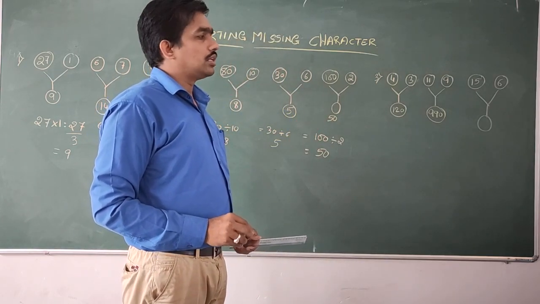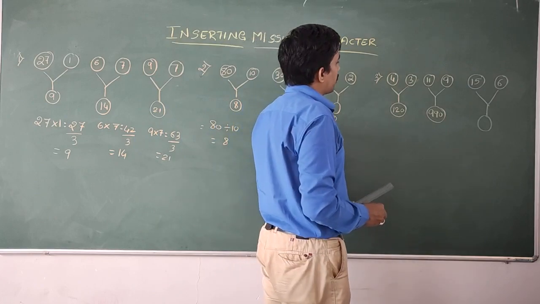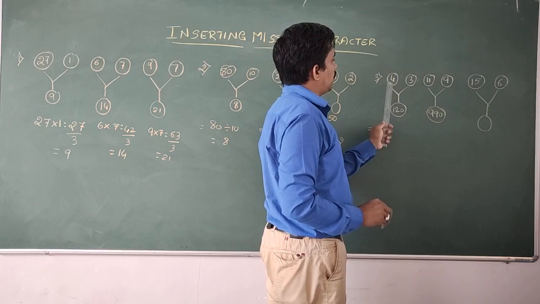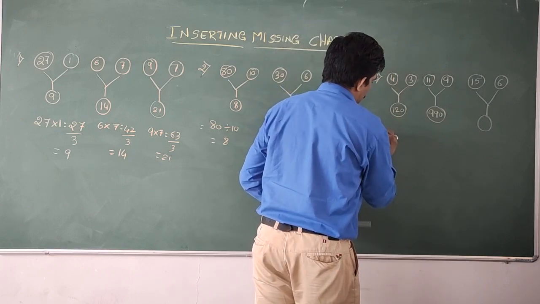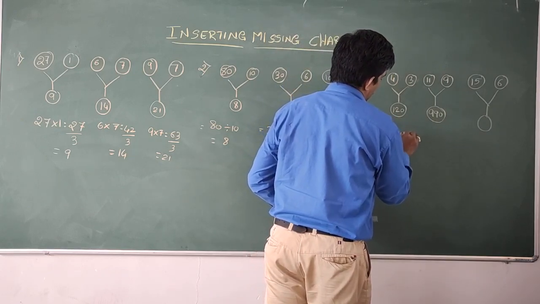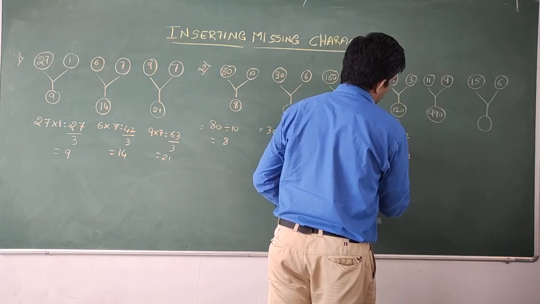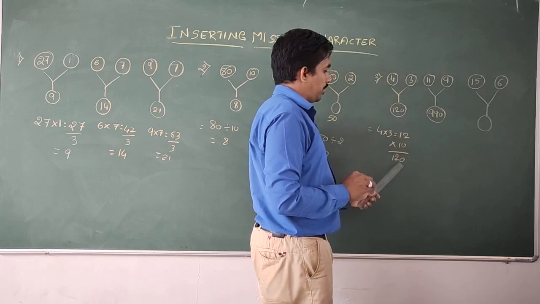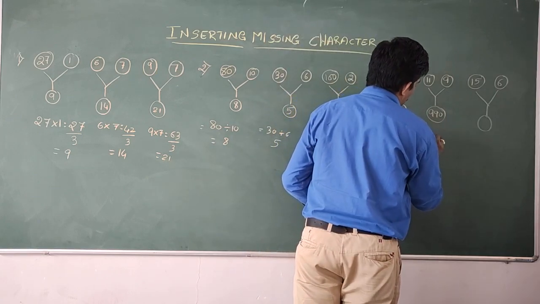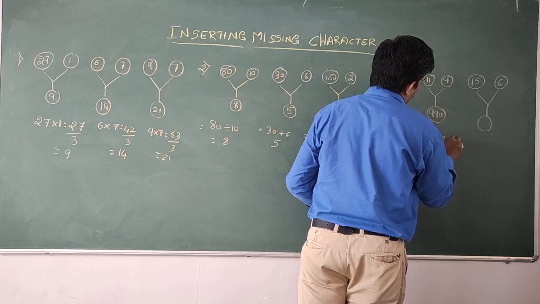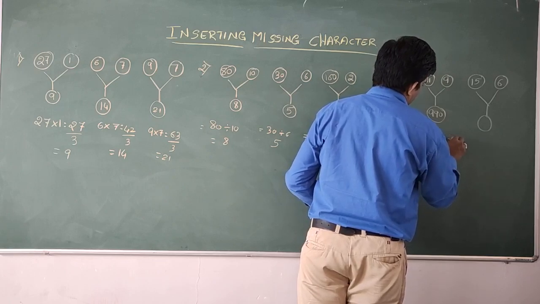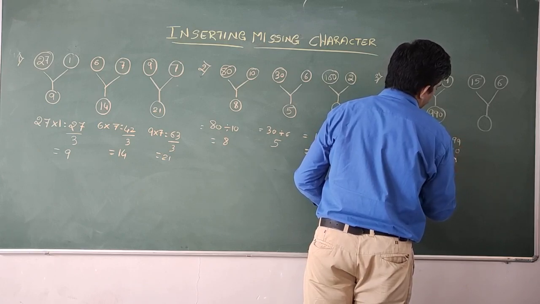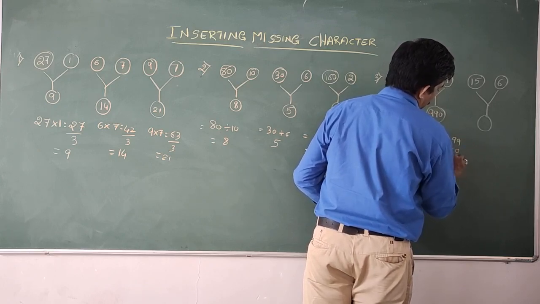And coming to our third question, here also we have to fill this gap. 4 into 3 is 12, and we multiply by 10 here to get this number, 120. In the same logic, 11 into 9 is 99, and into 10 gives 990.